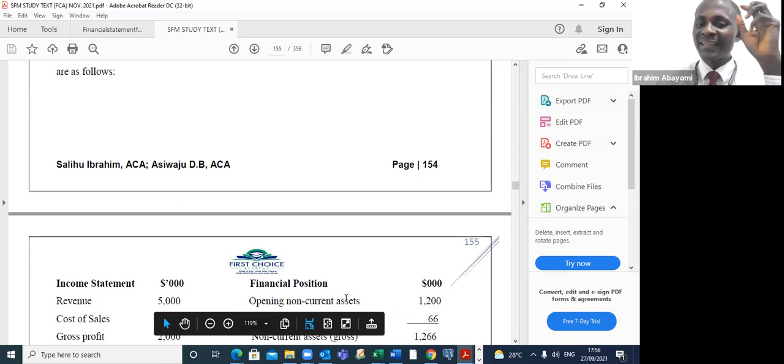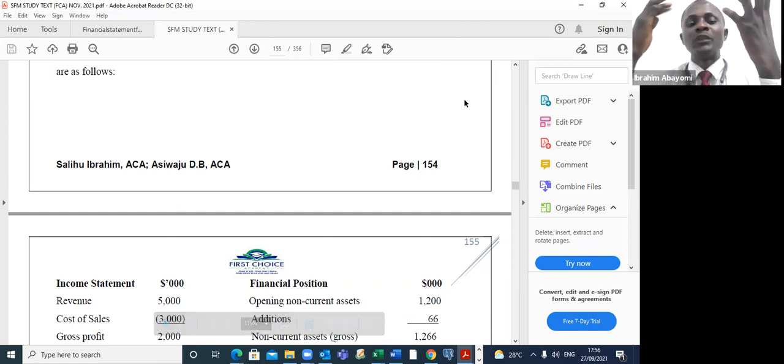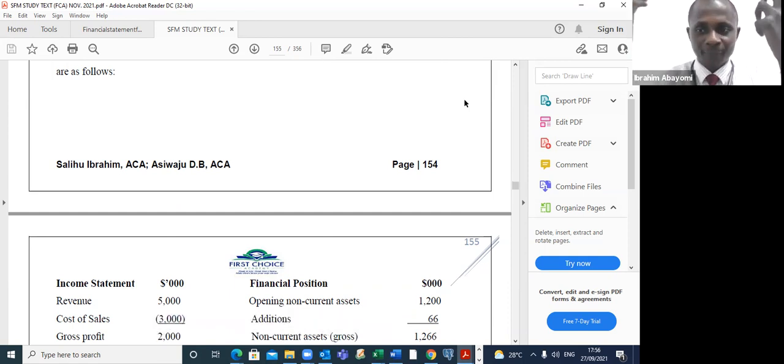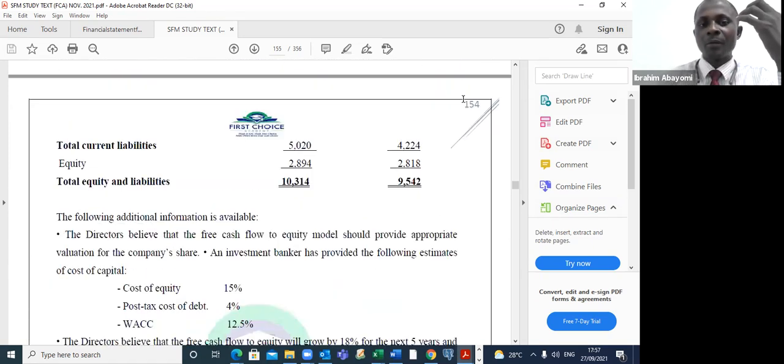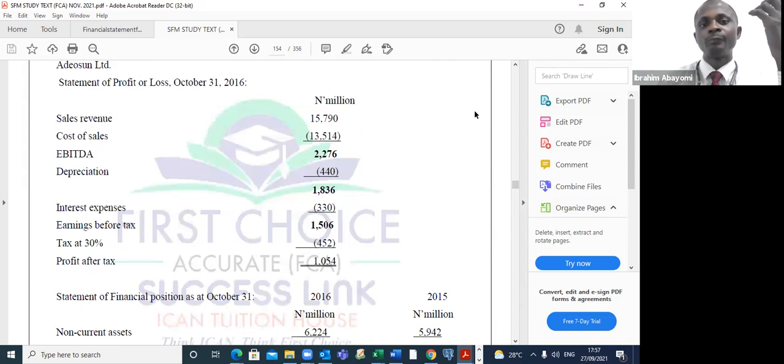So in that case, I'm removing the market value of debt, because the total value of your company will comprise market value of equity and market value of debt. So if you are valuing only equity, it means you are excluding debt from your valuation. This is in brief what we mean by business valuation.